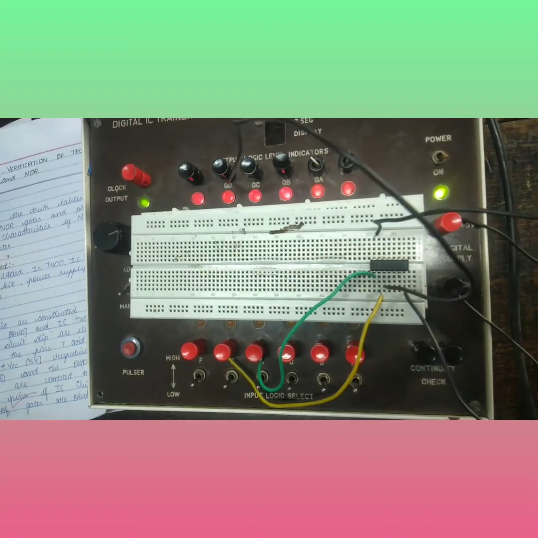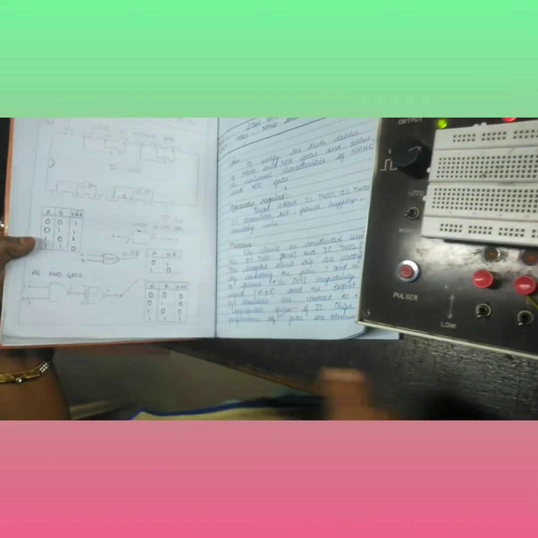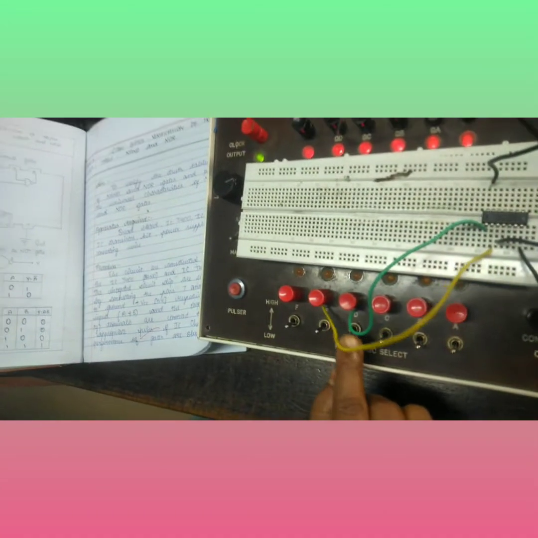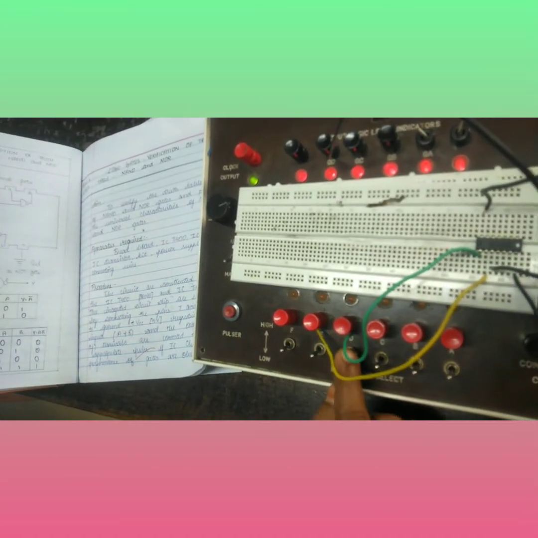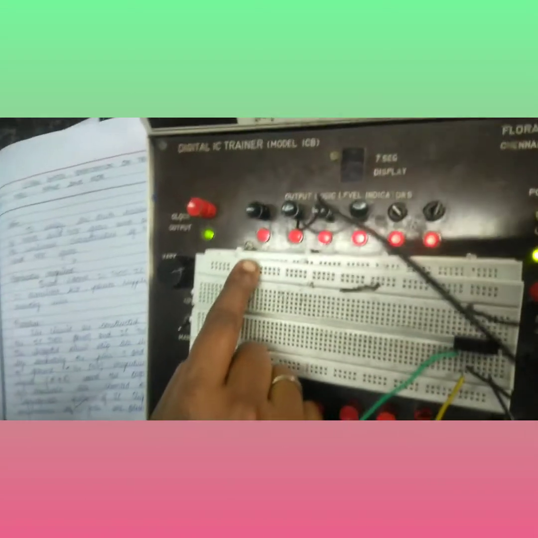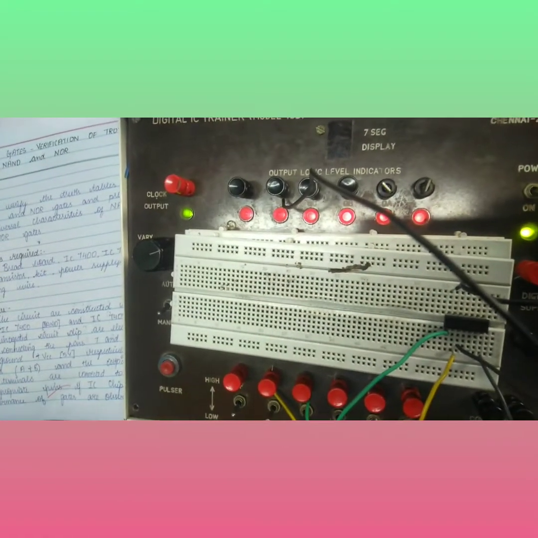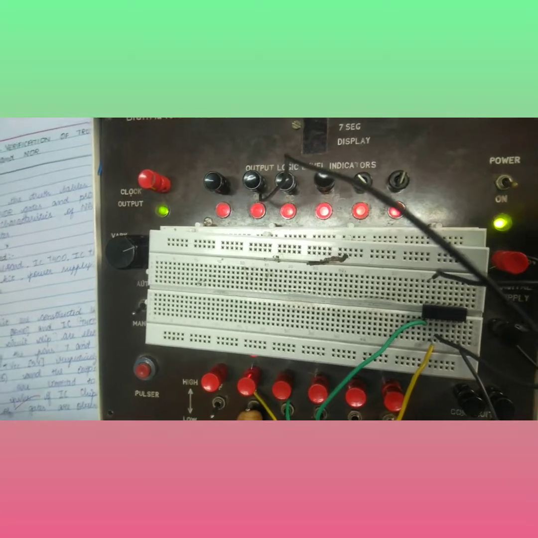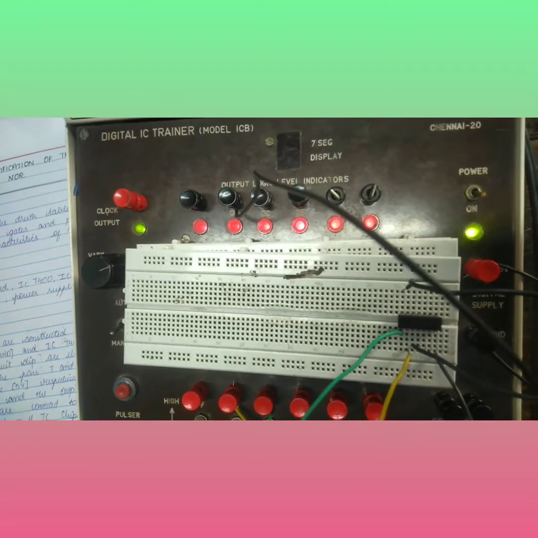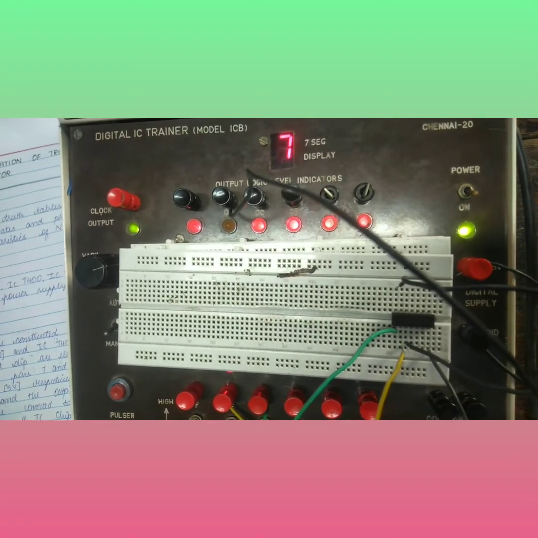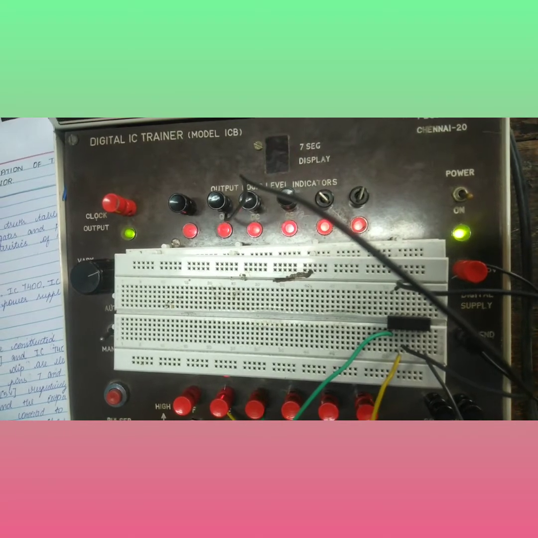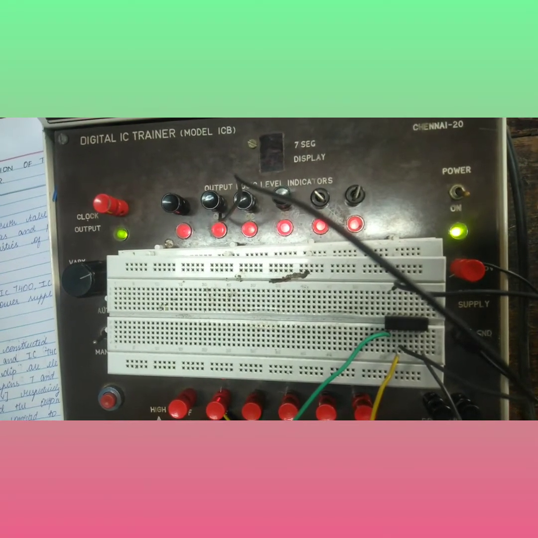The first condition is when the two inputs are 0, we obtain output 1. If either input is low, we obtain the same high state as per the logical expression of NAND gate.